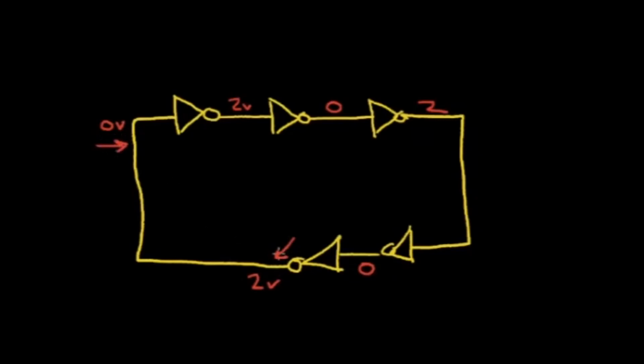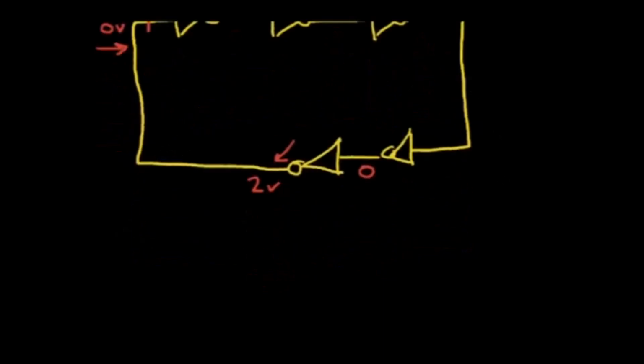So what happens is that this output will switch the original 0 volts up to 2 volts, and now things will change. This will go to 0 volts, this will go to 2 volts, 0 volts, and so on. It's called a ring oscillator.